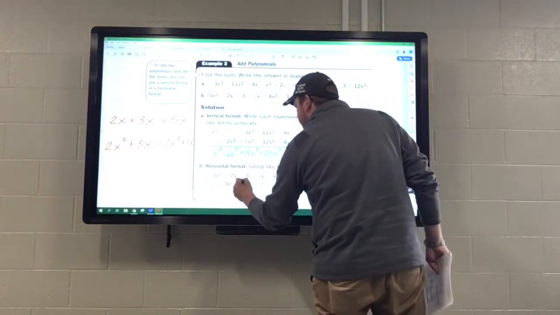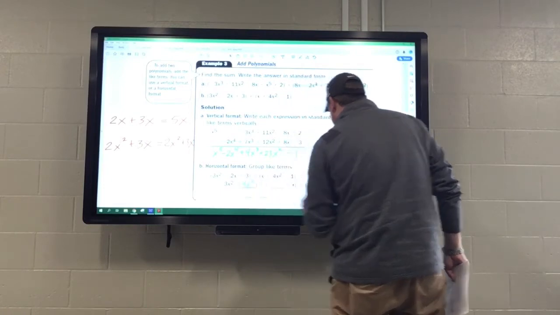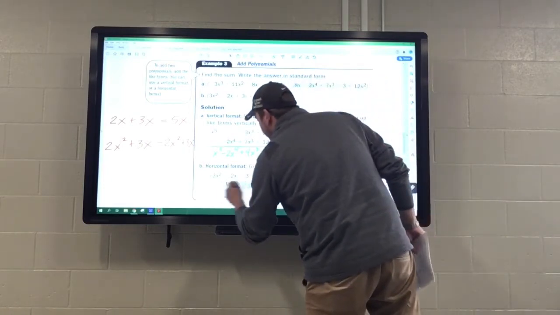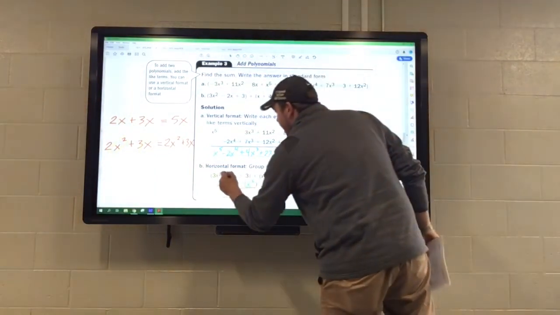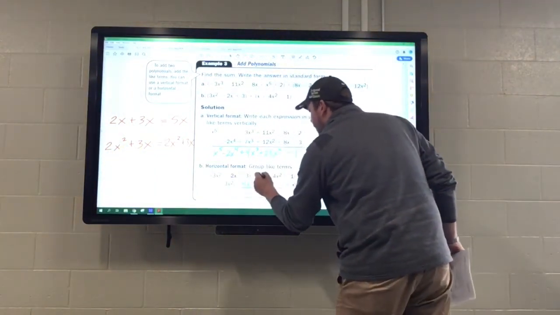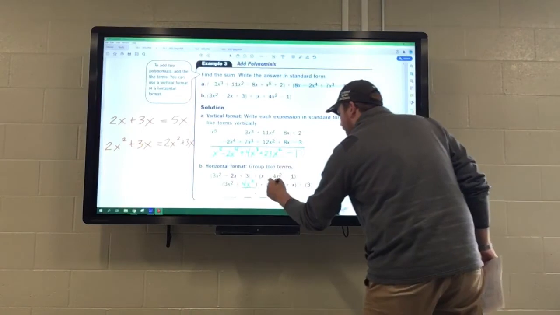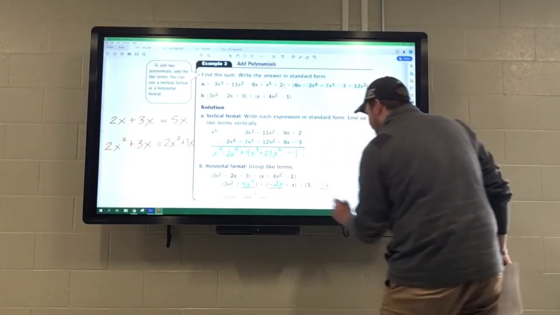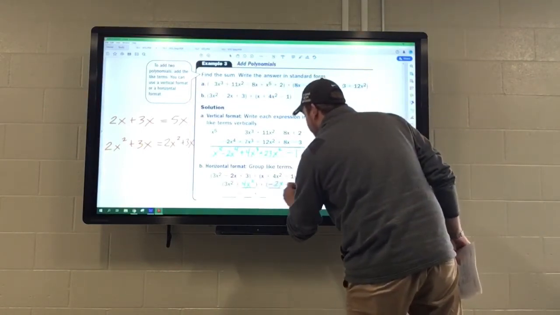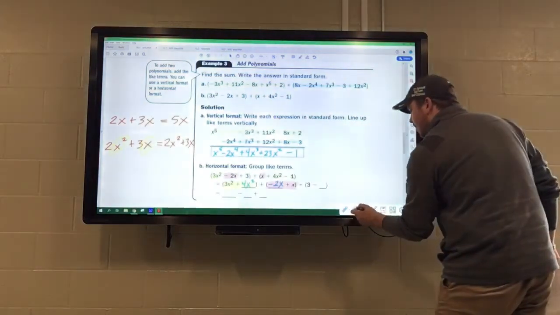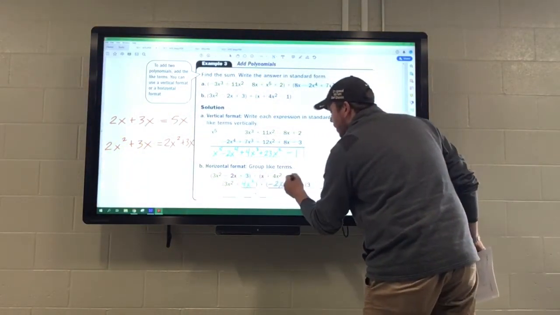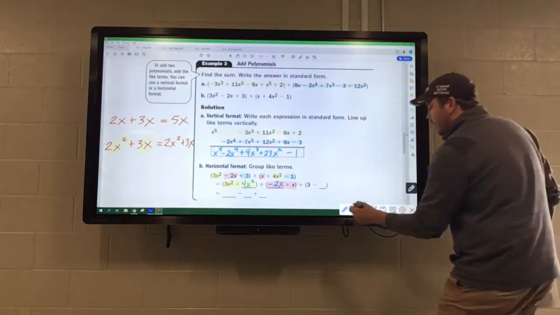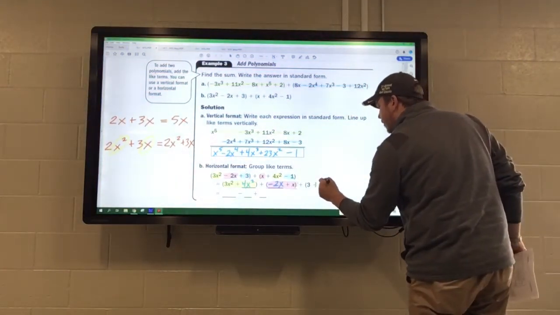So 3x squared plus 4x squared. Negative 2x will group with positive x. So we write negative 2x plus x. And last, 3 combines with negative 1 to give us 3 plus negative 1.